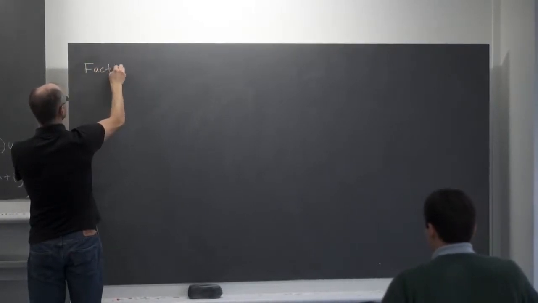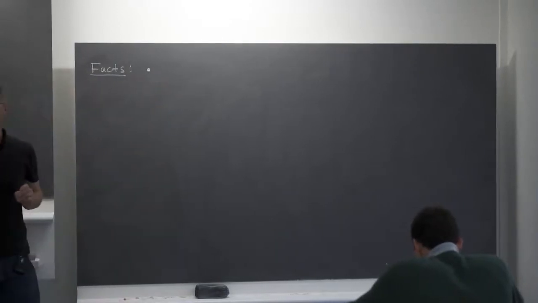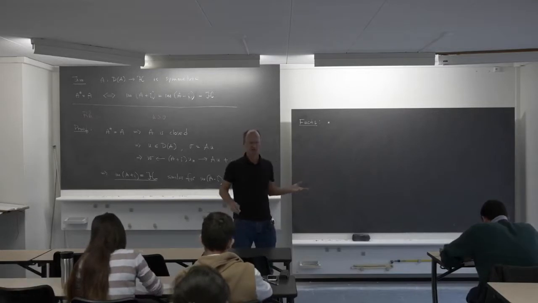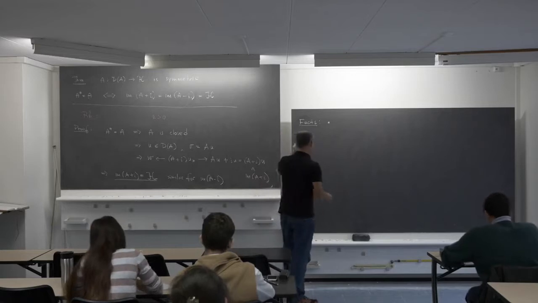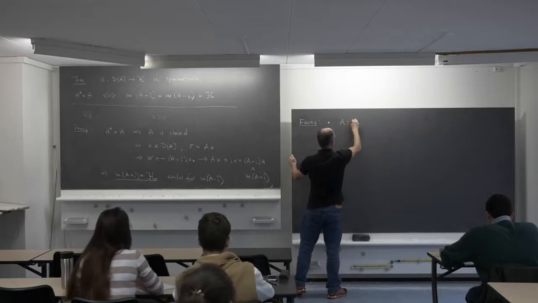So let's say facts. Now, one fact, just to remind you, there is an exercise for later today, and I think maybe it was even a homework, right? Some kind of possibility to show that A is essentially self-adjoint.